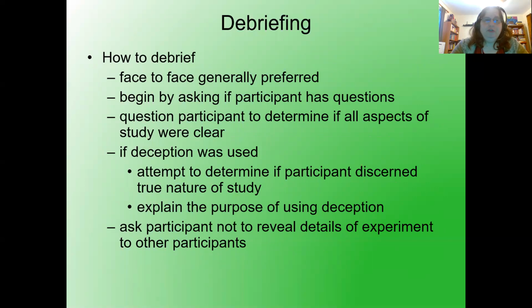If deception was used, you want to attempt to determine if the participant discerned the true nature of the study. Did your deception work? And explain the purpose of using deception. So again, if you're doing a study to understand how light during the day impacts our mood, then you might want the participants not to know that you're studying about light.